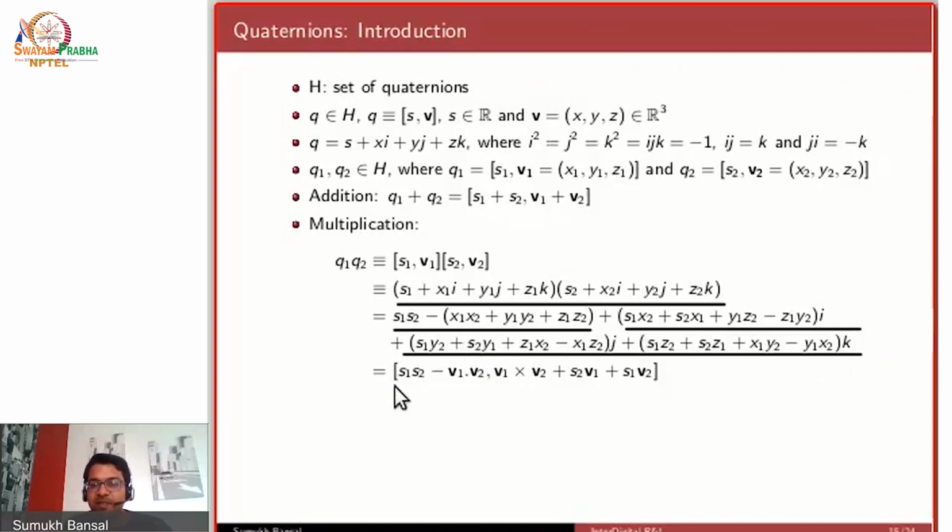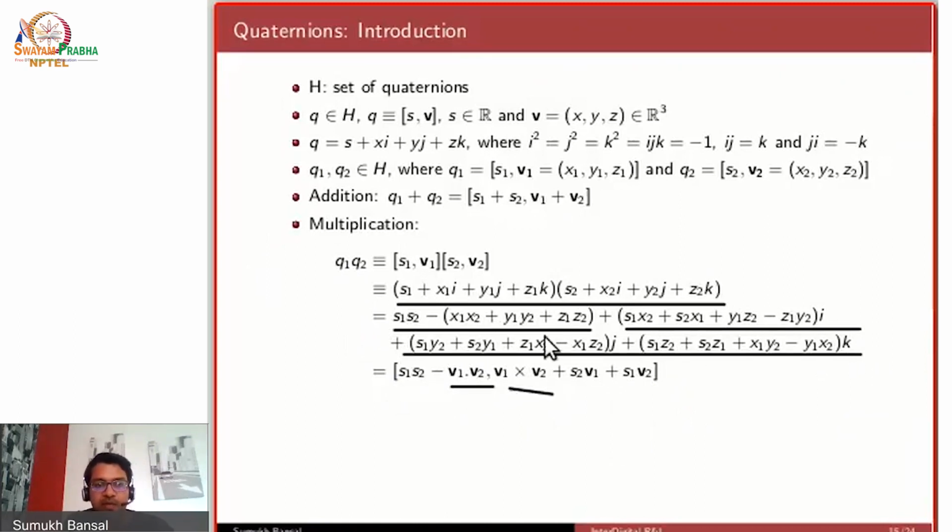So as a final expression, you end up with this expression where dot represents the dot product between two vectors, and the cross is going to represent the cross product between these two vectors. So this is how we are going to define multiplication between two quaternions.